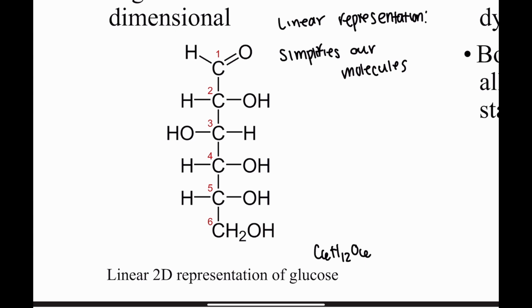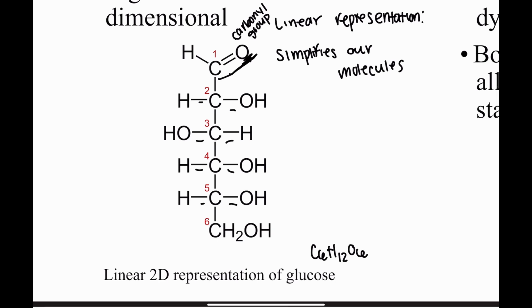But when we come up here to our functional group, our carbonyl group, we see that we have a carbon that is double bonded to an oxygen. And specifically, this is an aldehyde. With this double bond, no rotation is allowed between that carbon skeleton and this oxygen atom. But all of our other bonds are single bonds, and they are allowed to rotate freely.